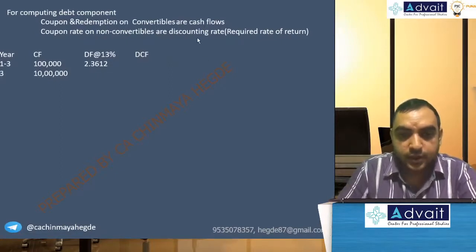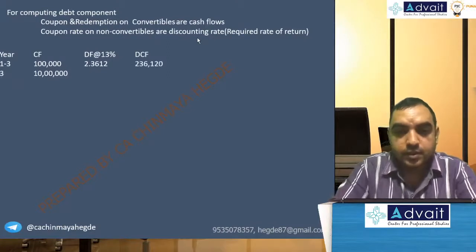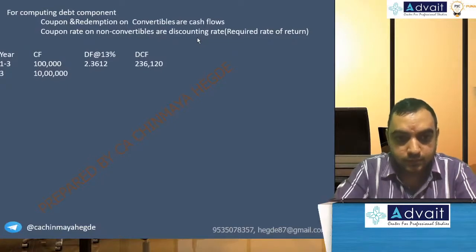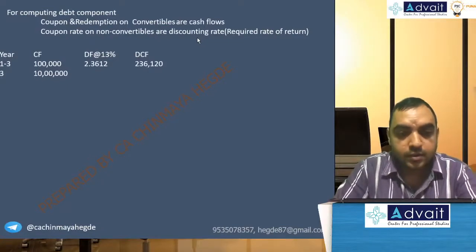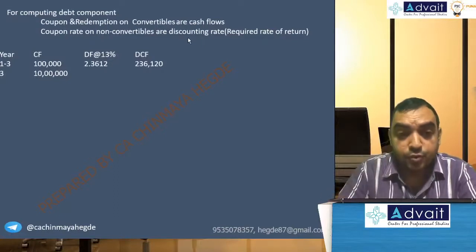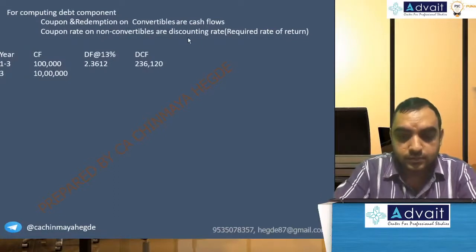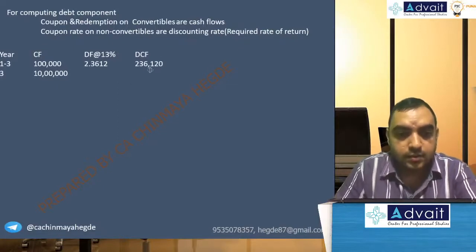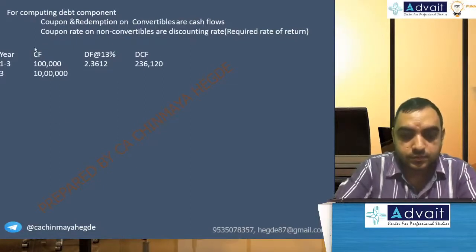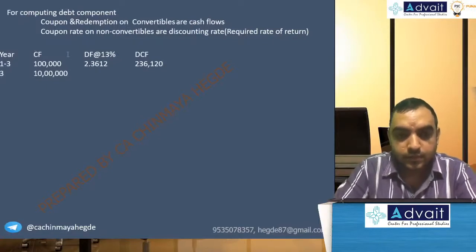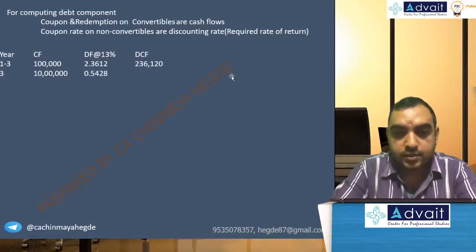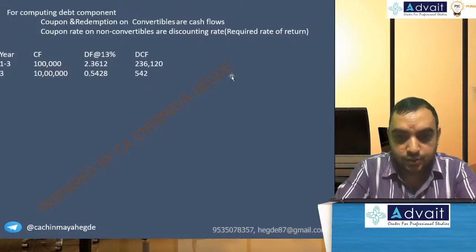That is 2,36,120, and discounting factor 0.5428. Five lakh 42,800.